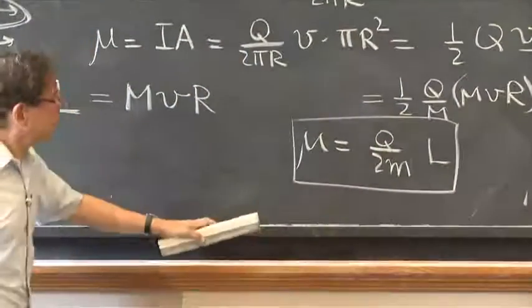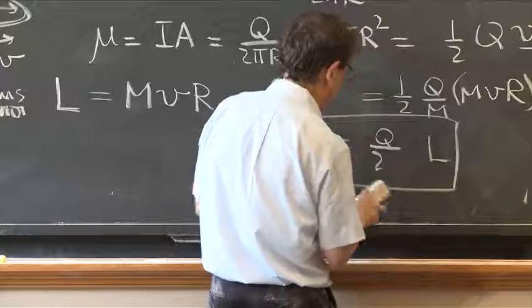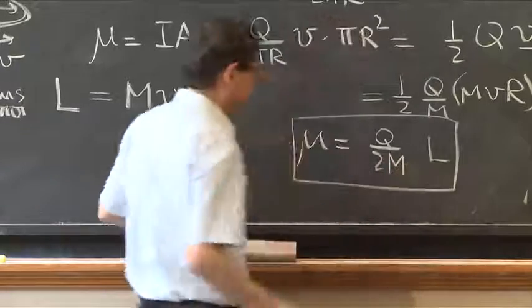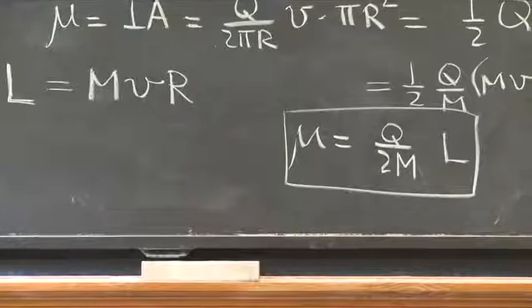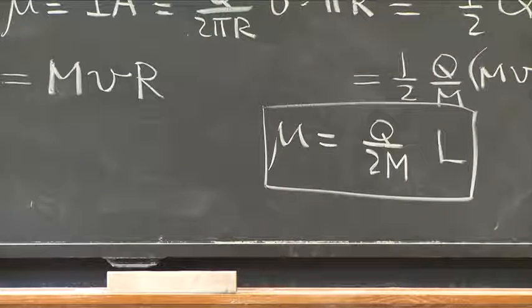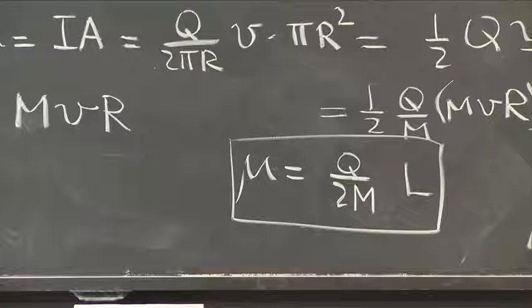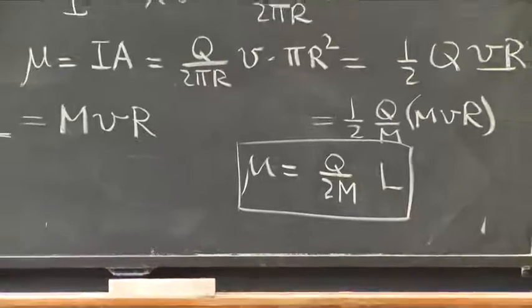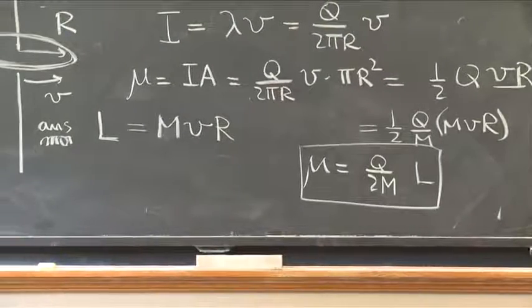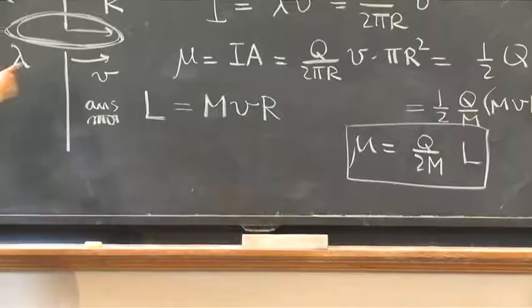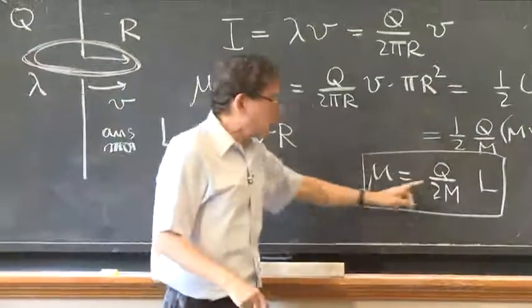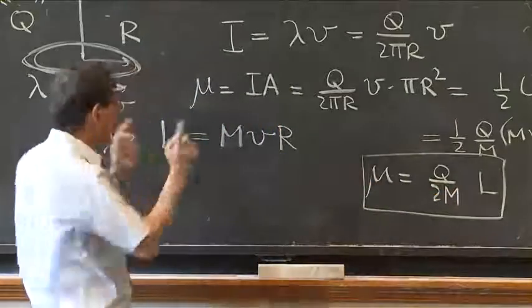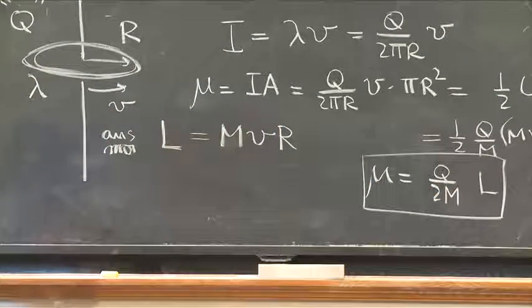And I box this relation because an interesting thing has happened. All kinds of incidentals have dropped out, like the velocity has dropped out. The radius has dropped out as well. So if I have one ring with this radius and another ring with a bigger radius, the relation between mu and L is the same, as long as it's rotating with the same speed.